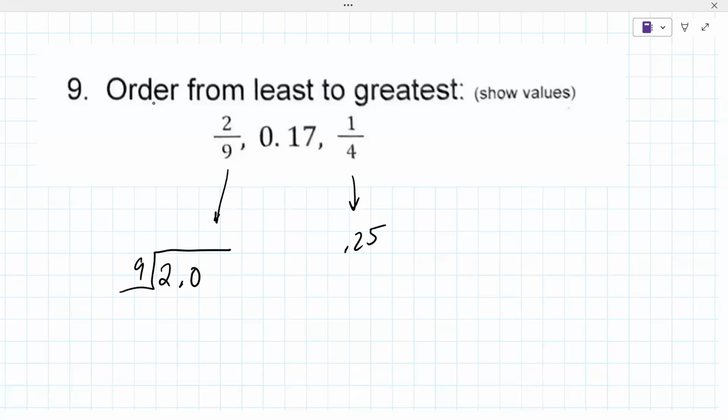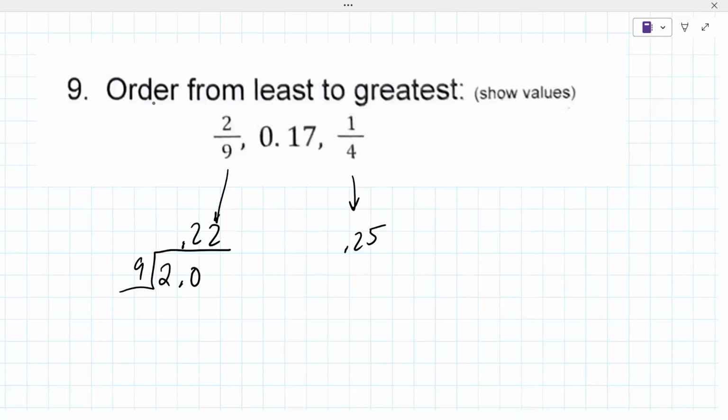Twenty, so 0.2 repeating. Like I said, you only have to go out far enough to where you can compare. 0.22.